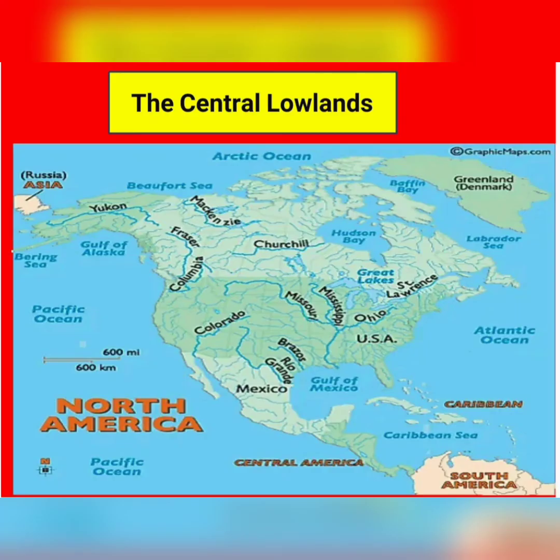The Central Lowlands. The Central Lowlands of North America lie between the Western Cordilleras in the west and the Appalachian Mountains in the east. The lowlands extend from east to west over a distance of about 2000 kilometers.